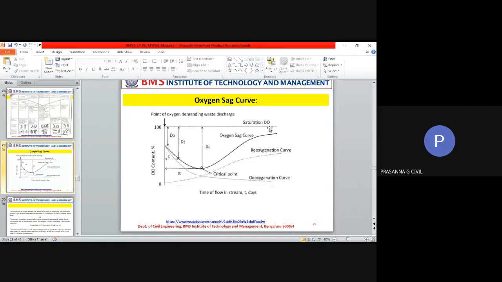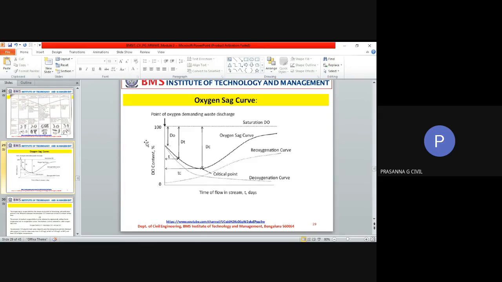And when I was telling you about your syllabus, I told you we have a very big and very important equation called the Streeter-Phelps equation, which tells you, when you are disposing a waste into the stream, by what time and at what distance from here you will be able to reach a certain level of DO in water.